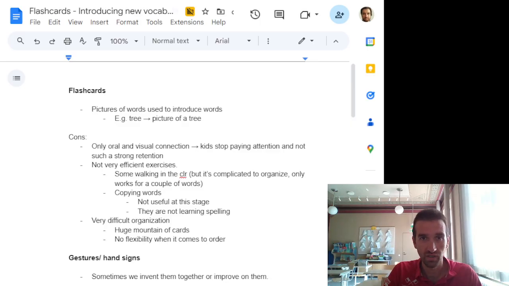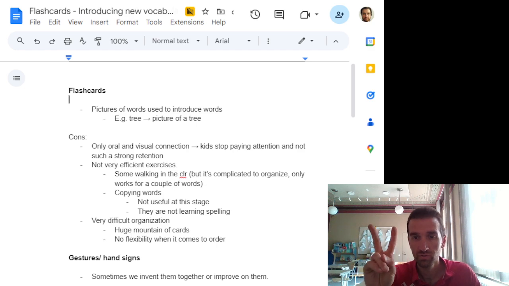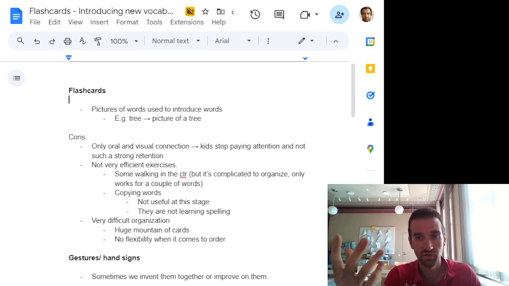So that's only two connectors, and the more connectors we have, the better the retention of the word is. But I will give a couple of examples later. Also, it's not very interactive, and soon the kids are not paying attention anymore. And again, if they're not paying attention, they're not learning.